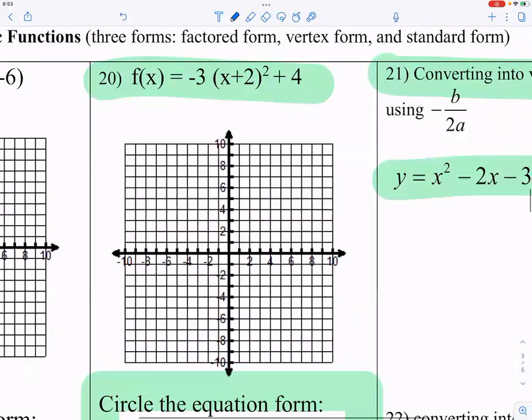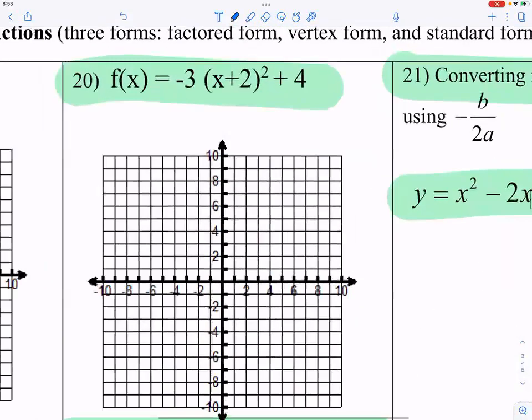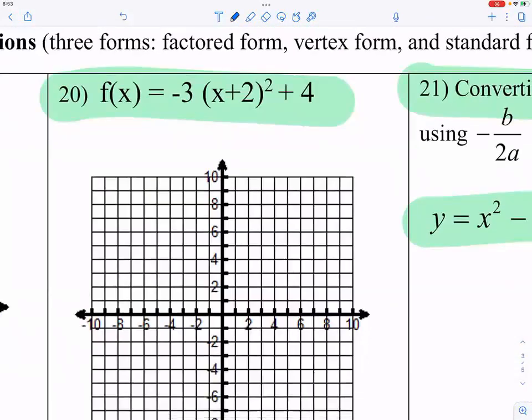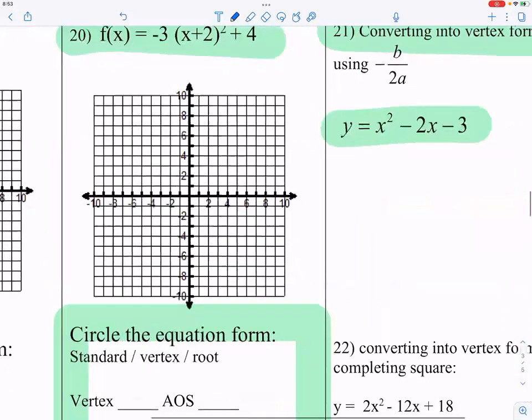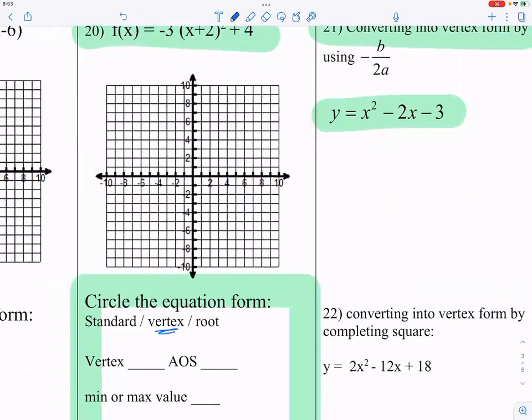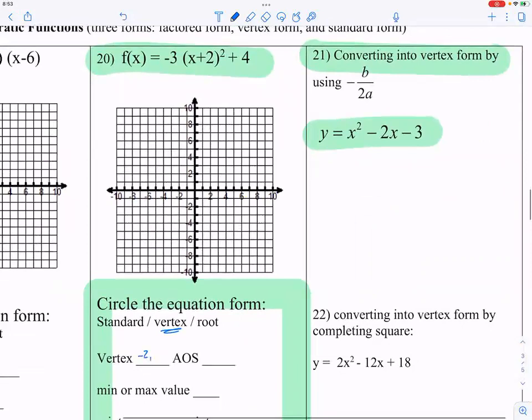Can you tell what form this is? How much information can you tell based on this vertex form in number 20? What can you tell? We have the vertex. Let's go to the vertex first. What's the vertex? Negative 2, 4.